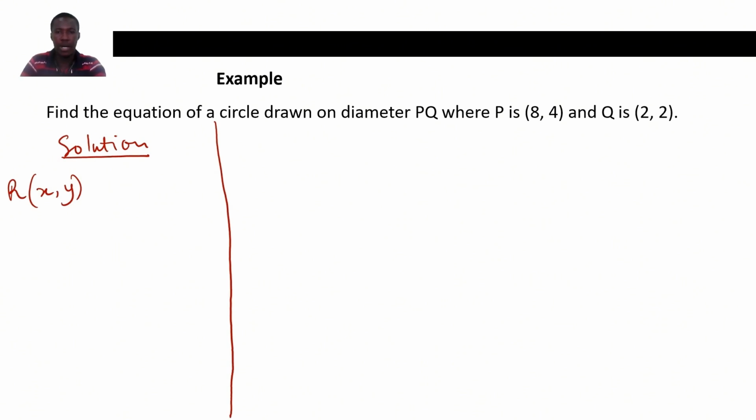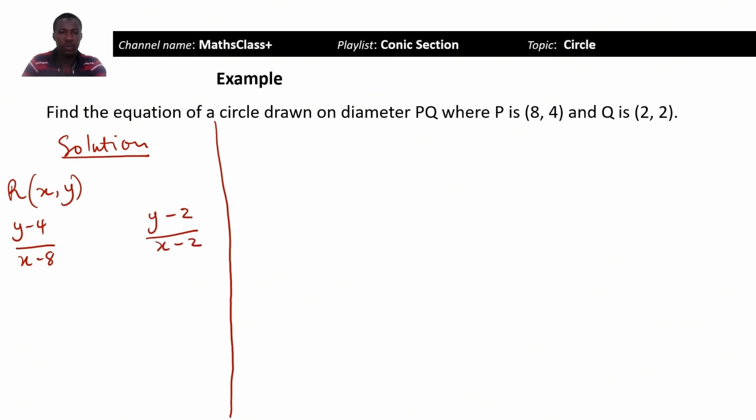Now, if we find the gradient of PR, we will get (y minus 4) divided by (x minus 8). And when we find the gradient of QR, we will have (y minus 2) divided by (x minus 2). Now, because these two lines are perpendicular, when we multiply their gradients, we should get -1.